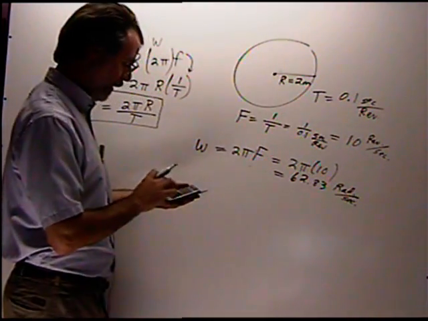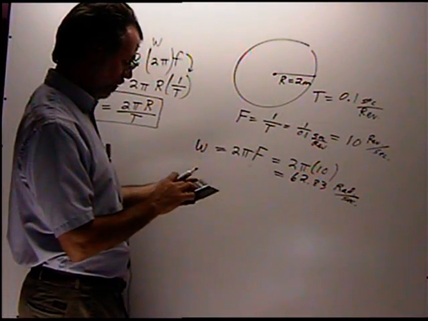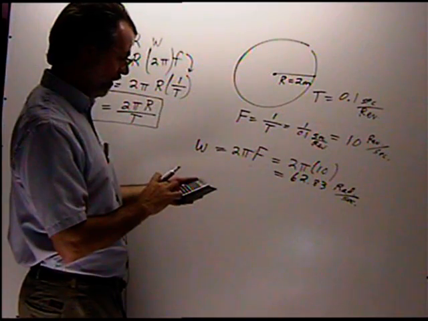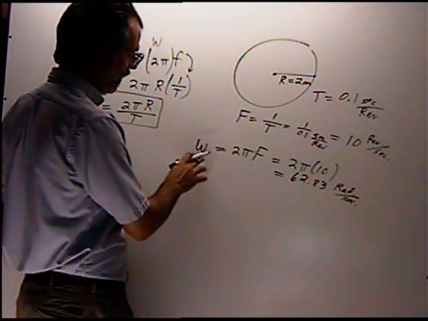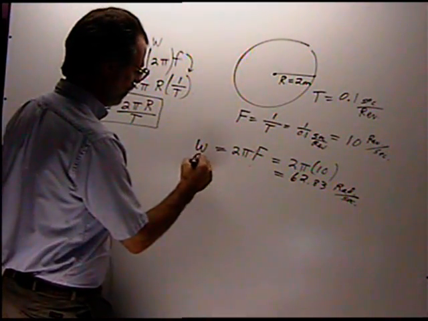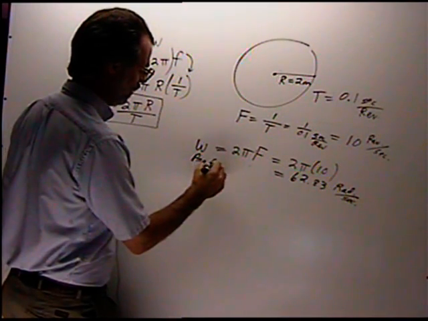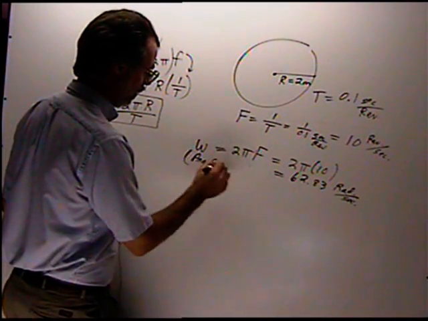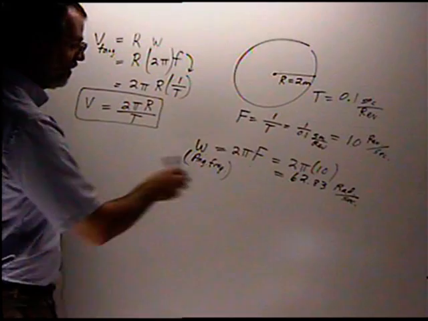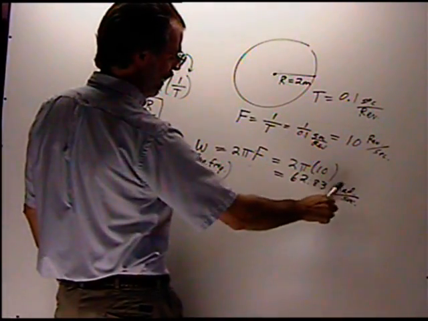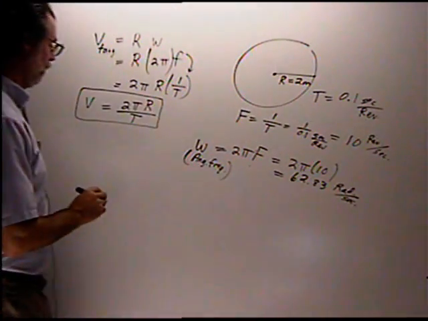I think that's right. 20 times pi, 62.83 radians per second. So that would be the angular frequency. Okay, it's this number of radians per second.